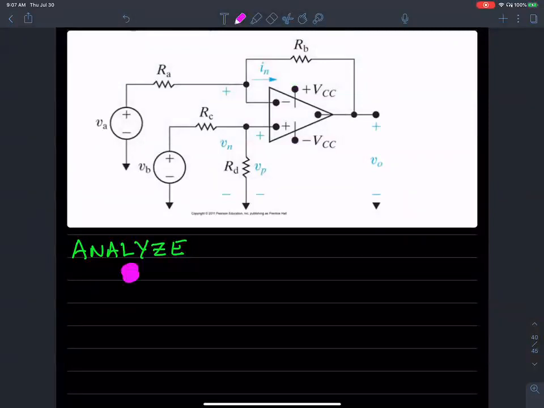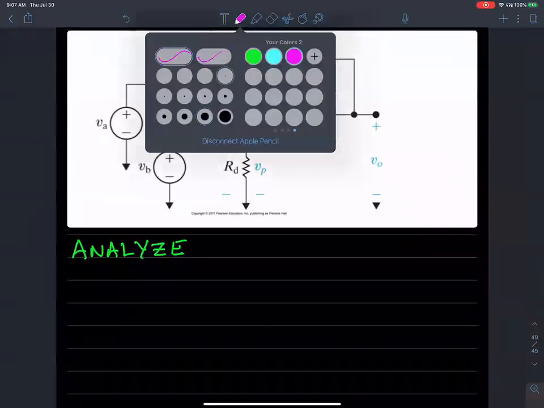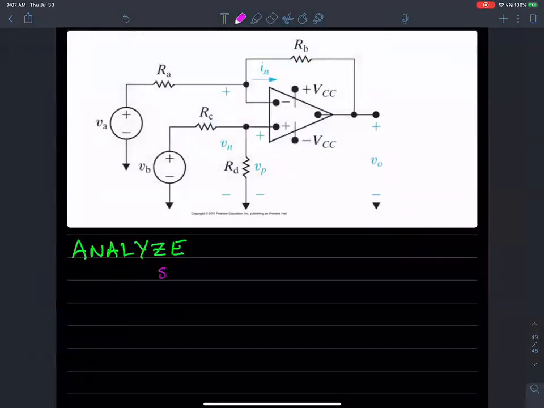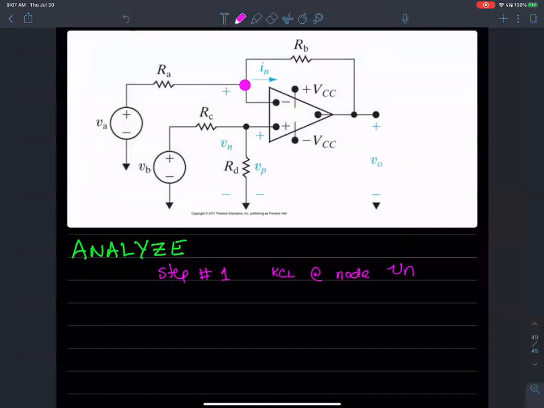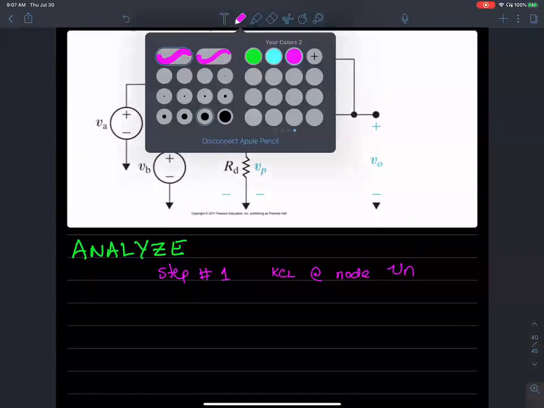Step number one is to set up KCL at node Vn. In this case, node Vn is this guy, right? At that node.